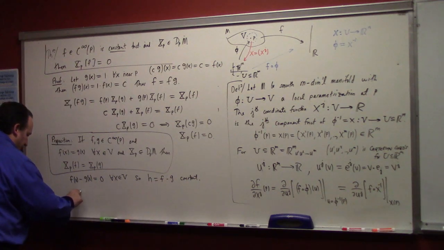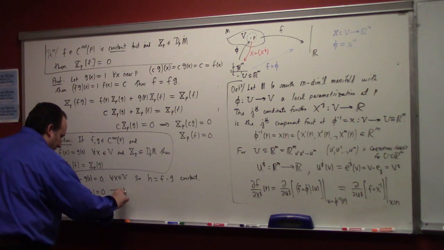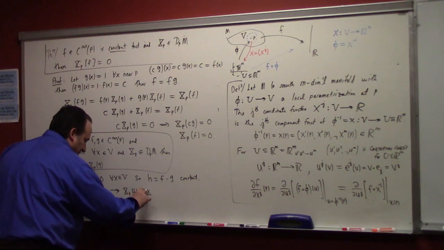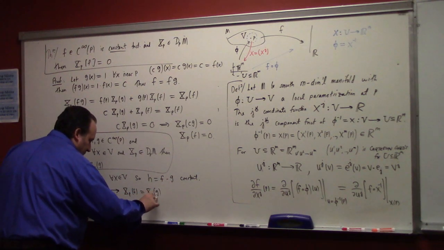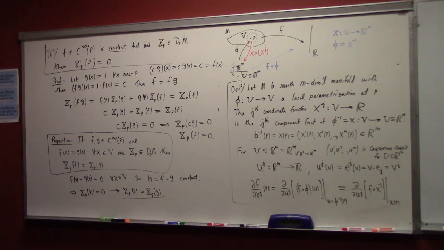Which then implies that Xp of h is equal to 0, but that exactly tells me that Xp of f is equal to Xp of g because Xp of f minus g is Xp of f minus Xp of g, right?